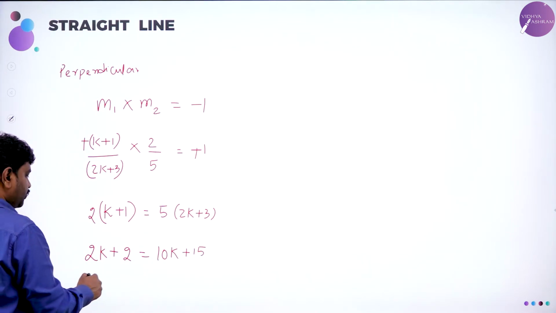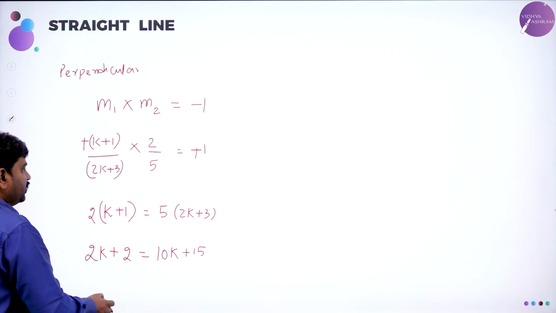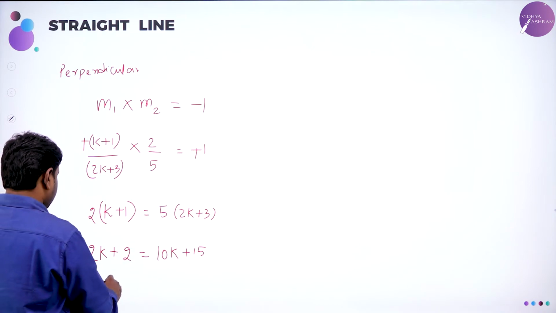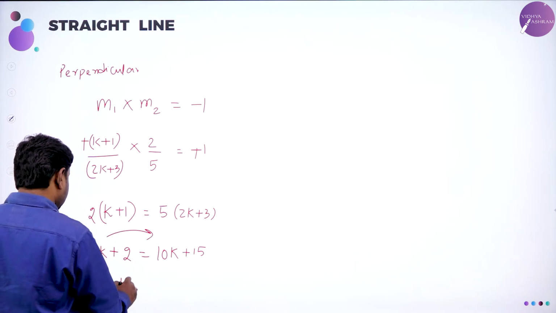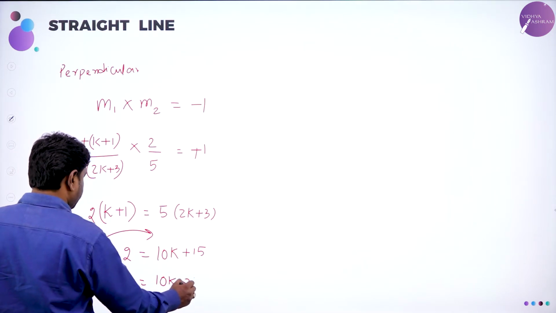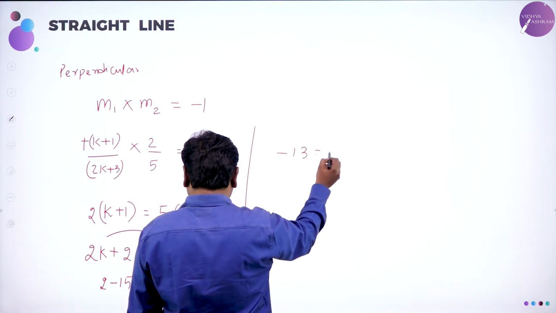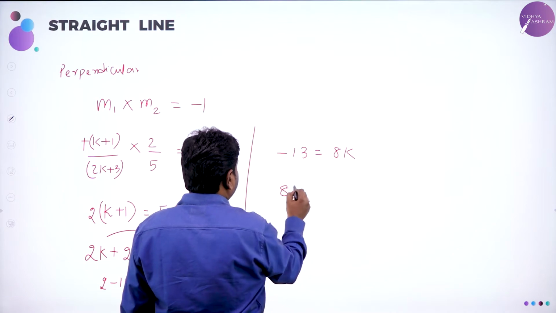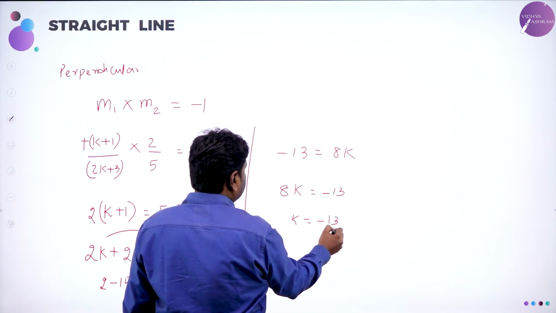So bring the k terms to one side and the other terms to the other side. I'll transfer k to that side, and 2 minus 15 is equal to 10k minus 2k. Simplify this. 2 minus 15 is minus 13, equal to 8k. So 8k is equal to minus 13. Our k value is minus 13 by 8.